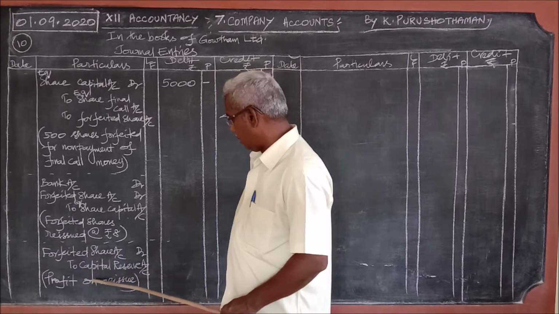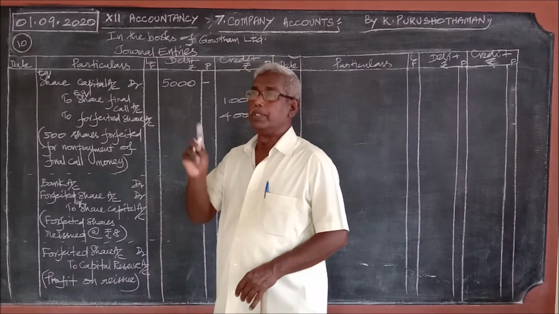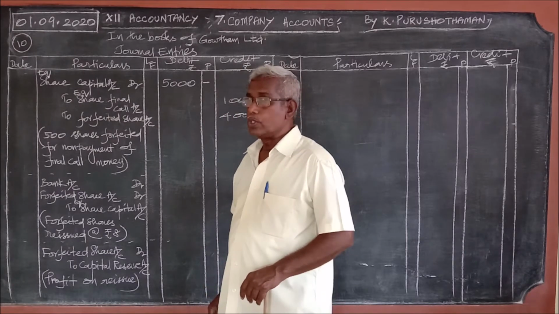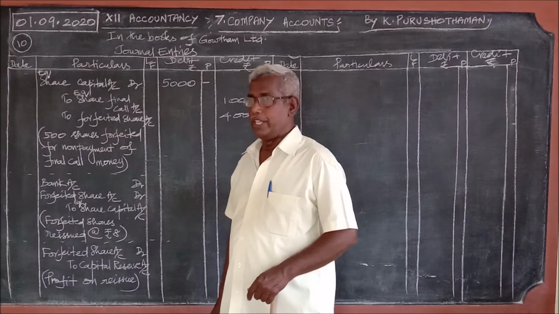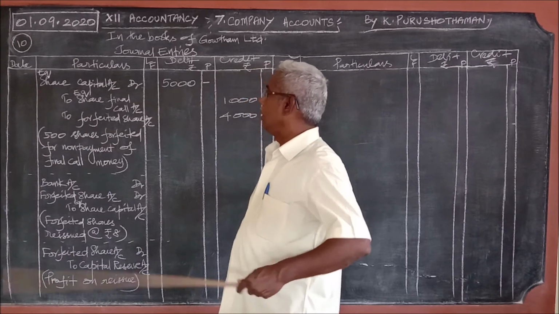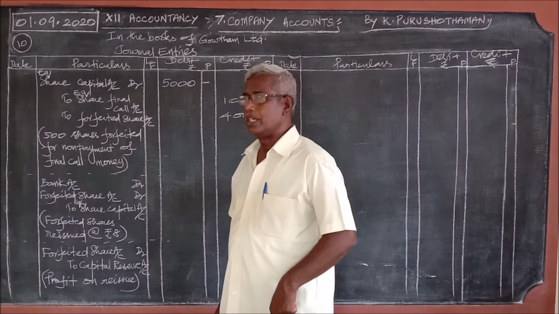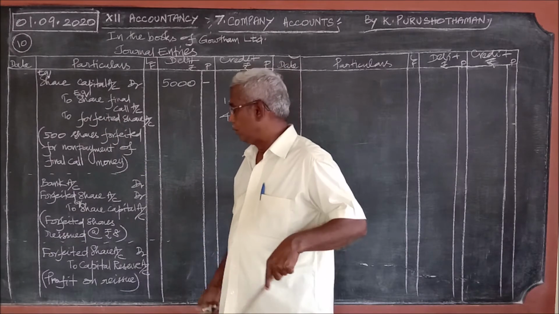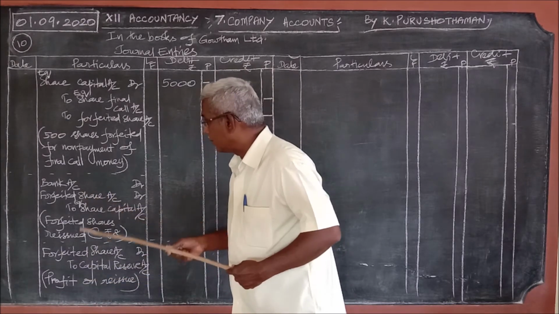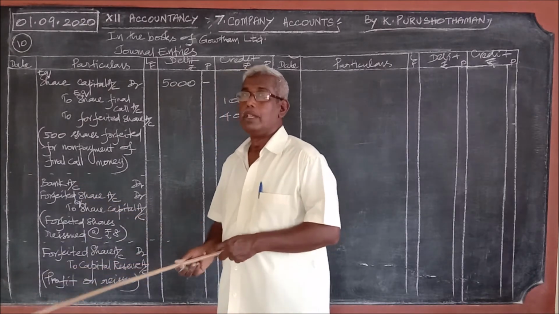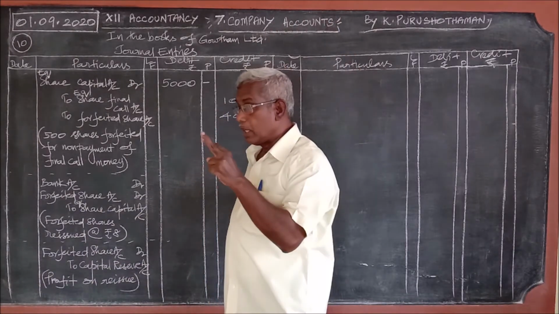See, profit on reissue. So what have you understood from this? If the question is pass journal entries for forfeiture, in that case only one journal entry. If the question is for reissue, you should pass both the journal entries. Forfeiture has only one journal entry, but for reissue there are two journal entries.